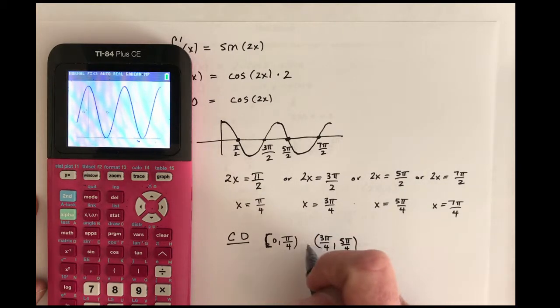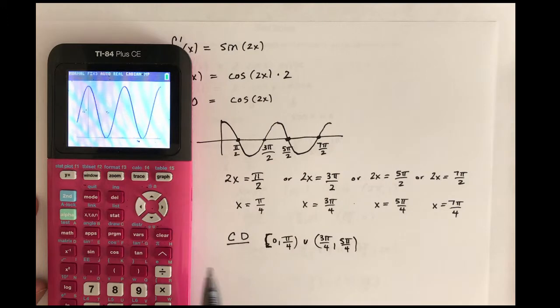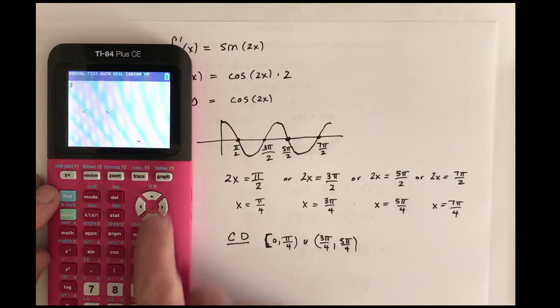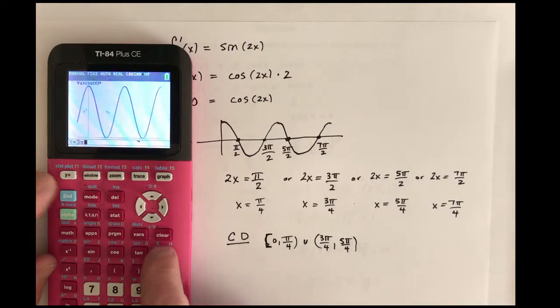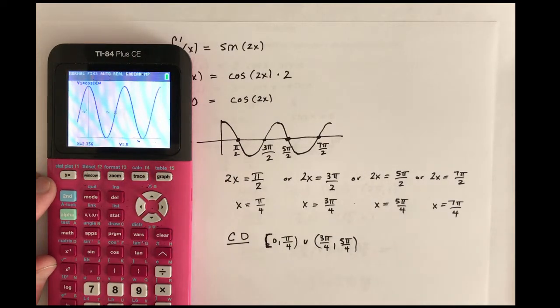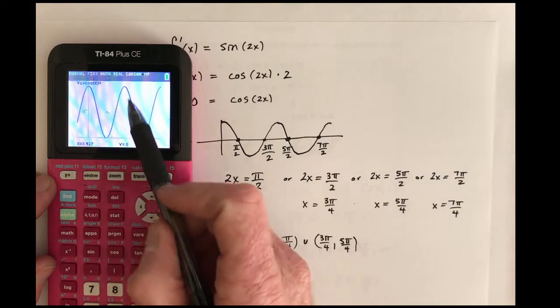So that also is concave down. And I just want to double check 3 pi over 4 from that point until 5 pi over 4. Yes, so from there to there is concave down.